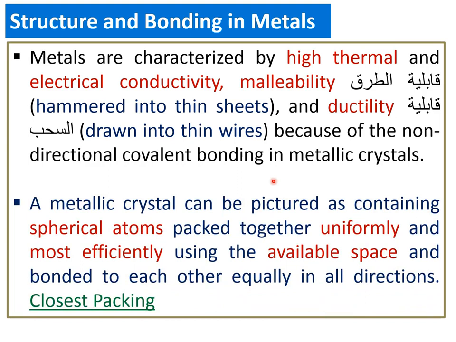A metal can be pictured as containing all spherical atoms. They pack together uniformly and most efficiently, using the available space and bonded to each other in all directions equally, which is called closest packing. If you want to connect atoms together, we will see different modes of packing.